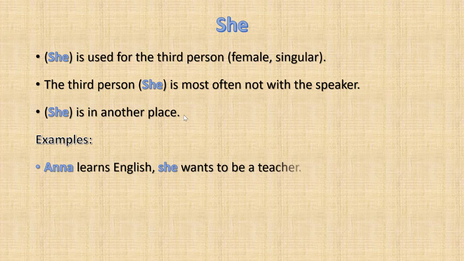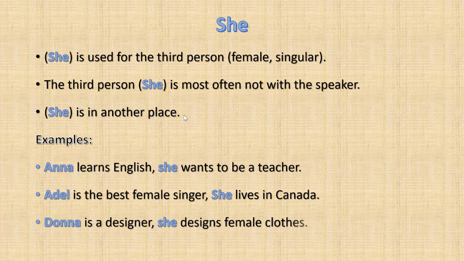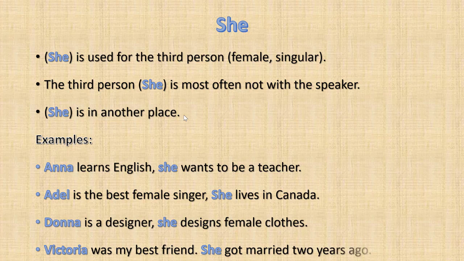Anna learns English. She wants to be a teacher. Adele is the best female singer. She lives in Canada. Donna is a designer. She designs female clothes. Victoria was my best friend. She got married 2 years ago.